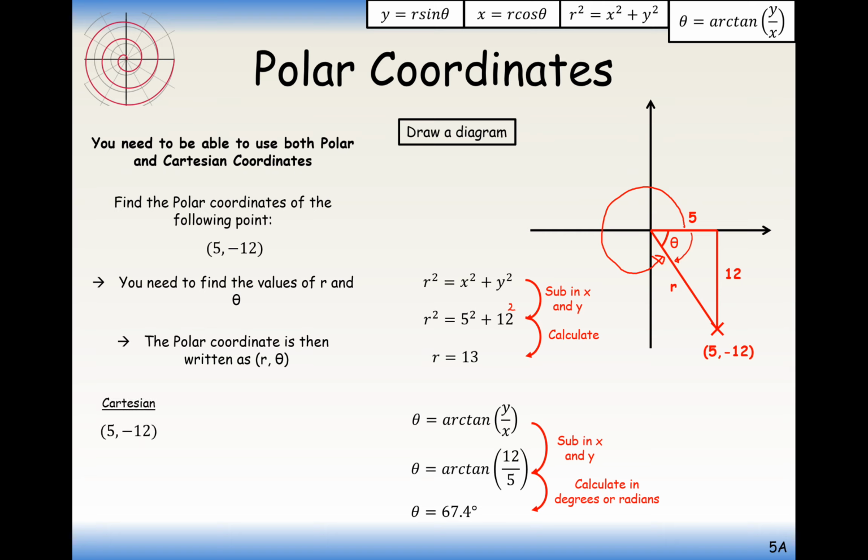So 5 minus 12 corresponds to the polar coordinate of 13 minus 67.4. So sometimes it's referred to as a negative, sometimes it's referred to as the 360 minus of it. So don't forget that sometimes you have negative angles when we go the opposite way on the polar graph.